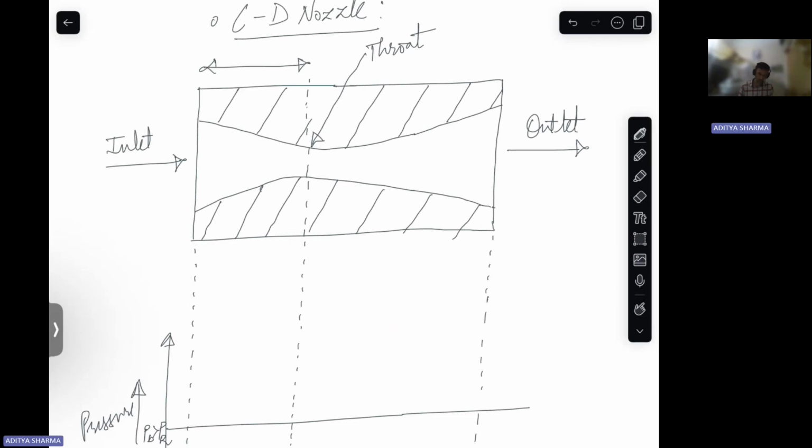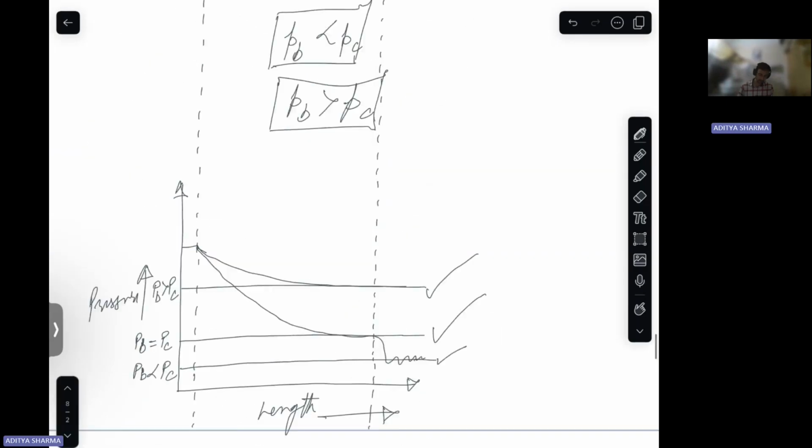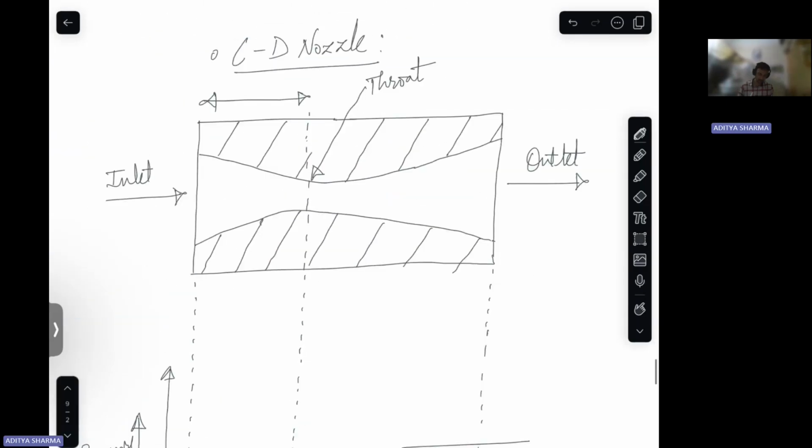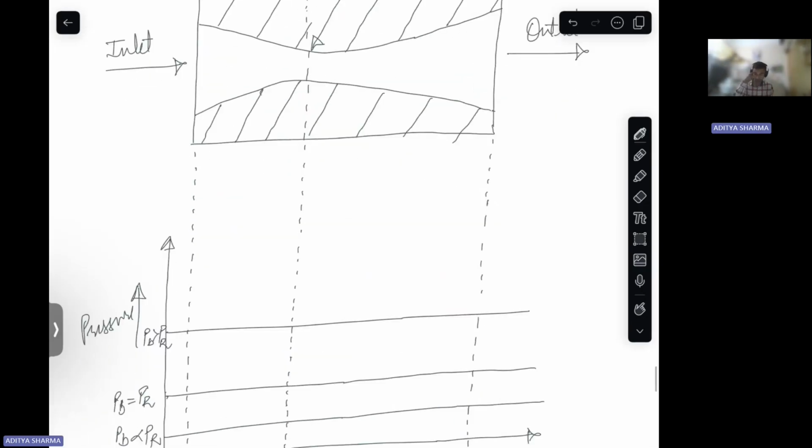This was the section we were using in the above case, but here we are using a divergent section also along with a convergent section, right? So in that case, how do things behave? So this has been discussed here, right?